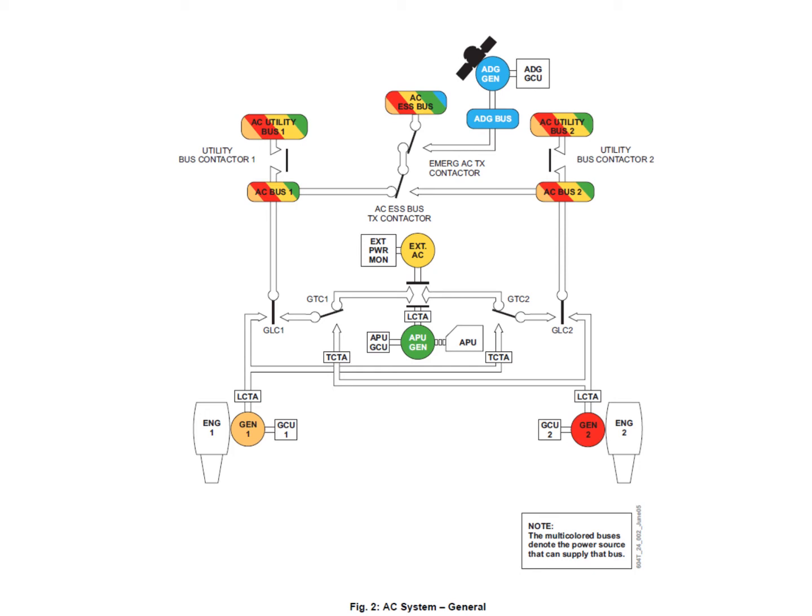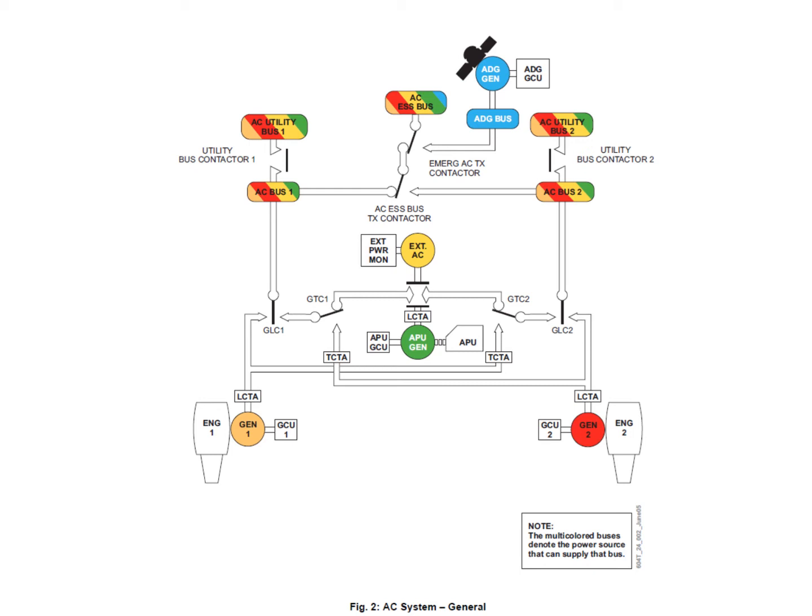But what the crew could do is actually start the APU at this stage and get the APU generator online. So the APU generator contactor will go online. Now remember the configuration of our contactors. GTC2 has actually gone down to the lower position currently, but the APU has got a higher priority. In terms of priority, AC bus 2 would prefer to use the APU because it's higher in the list of priorities.